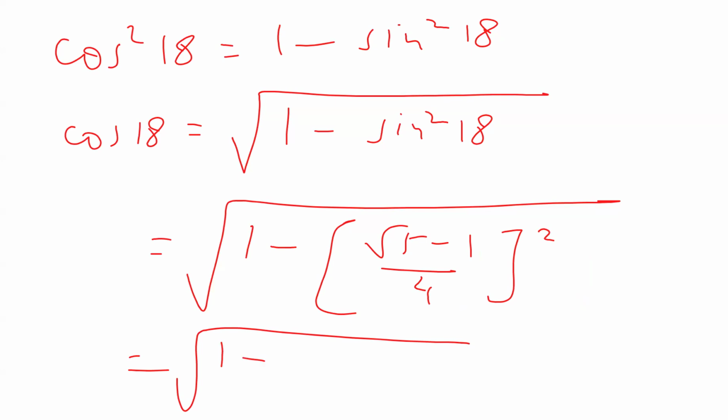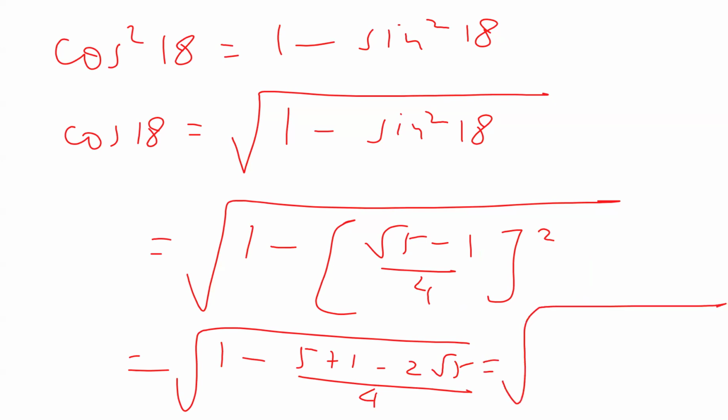Right. So 1 minus 5 plus 1 minus 2 root 5 upon 4. Take LCM. Root of 4 minus 6, this minus into this minus is plus 2 root 5 upon 4.